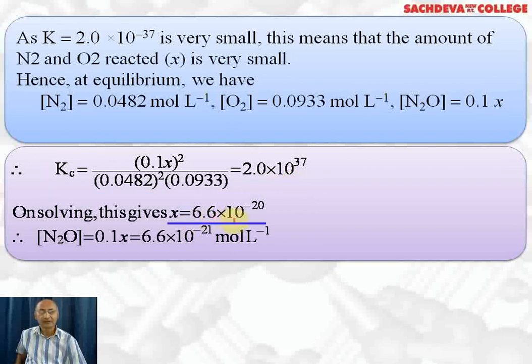X comes out to be 6.6 into 10 to the power minus 20, because from here 0.1 X whole square will be equal to 2.0 into 10 to the power minus 37 multiplied by these figures. So ultimately on solving we get X equal to 6.6 into 10 to the power minus 20. Molar concentration of N2O will be 0.1 into X, 0.1 into 6.6 into 10 to the power minus 20, that is 6.6 into 10 to the power minus 21 moles per liter.